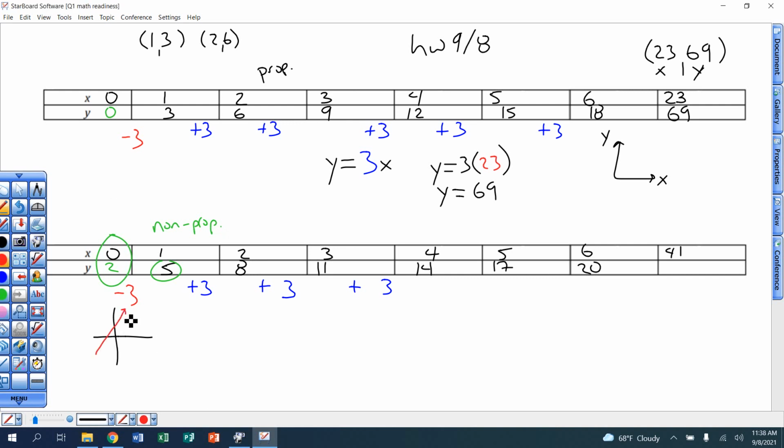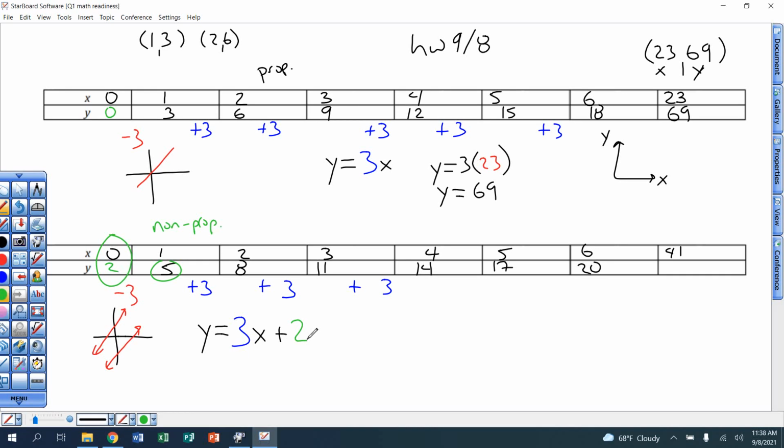It'll be going through up there or maybe down here. The proportional one though, guaranteed, if you were to graph it, would go right through the origin. All right, for this non-proportional one, take that 3 and take that green 2, and use that for my equation. This one is 3x plus that 2 right there.